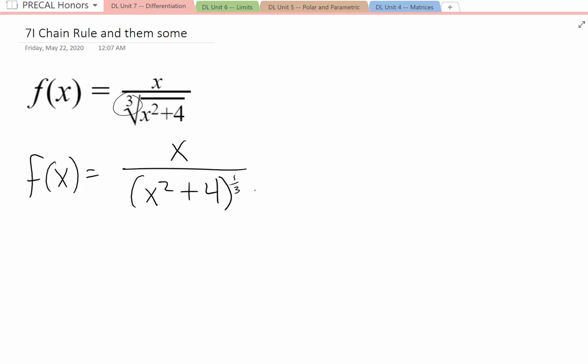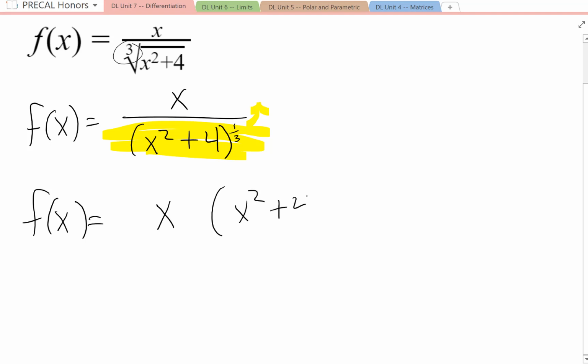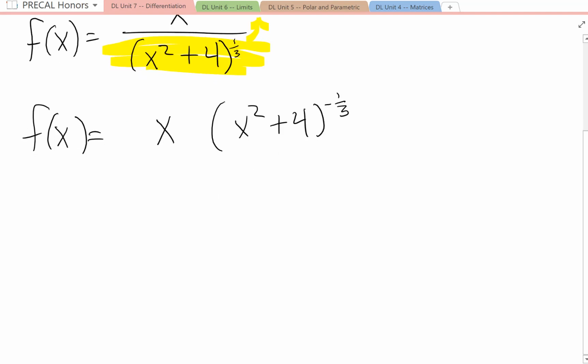Me personally, I do prefer the product rule to the quotient rule, and that's what I'm going to do for this. I'm going to take this quantity and bring it up to the negative 1/3. So f of x could be rewritten as x times x squared plus 4 to the negative 1/3, meaning it was supposed to be in the denominator.